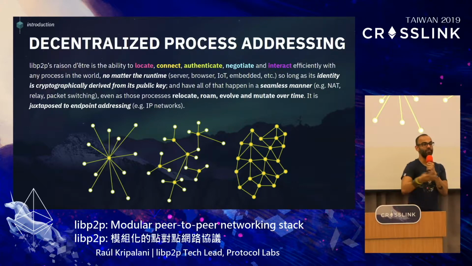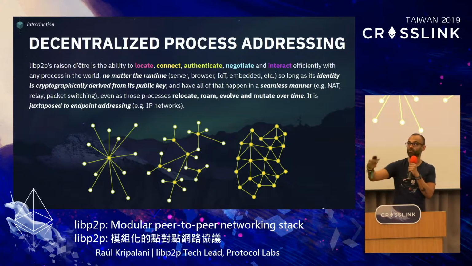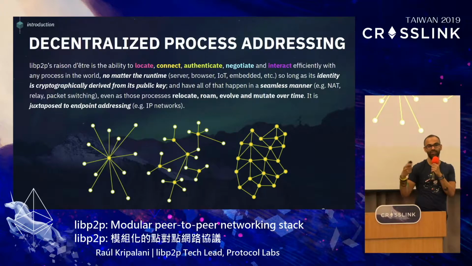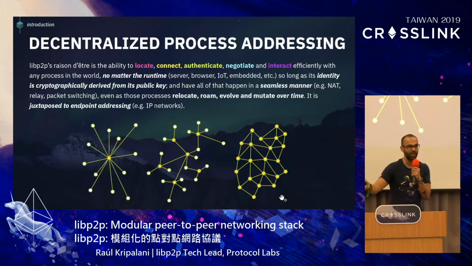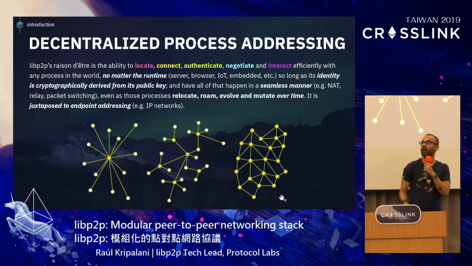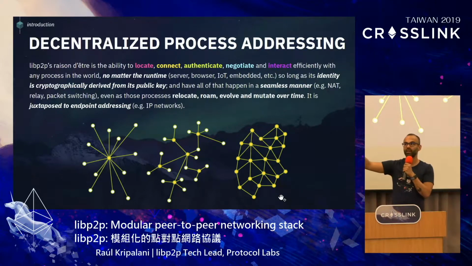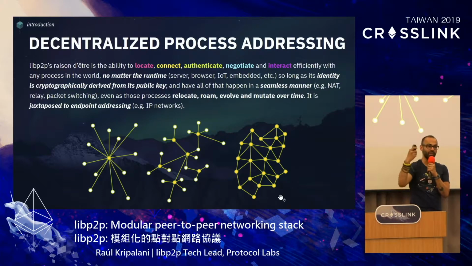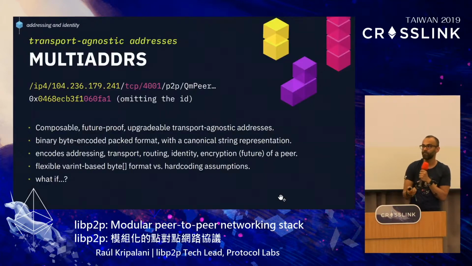And libp2p really strives to make all of this happen in a seamless manner. This is not the current case right now, but this is where we want to get to, by making all of NAT, relay, packet switching, and a number of things transparent to you, such that as those processes relocate and roam around the world, you'll still be able to address them by process ID.